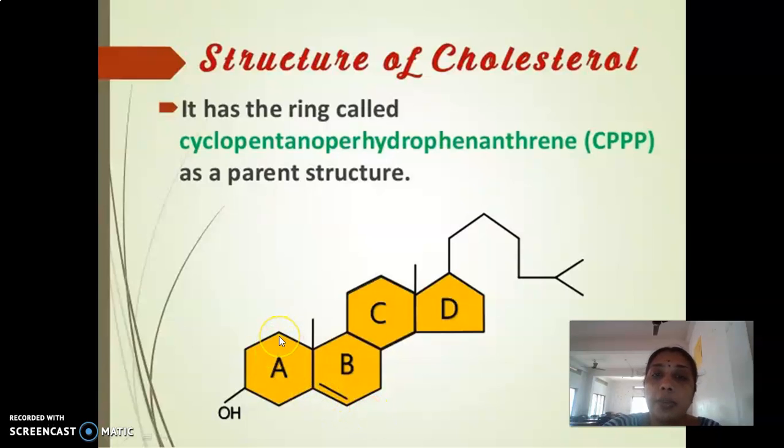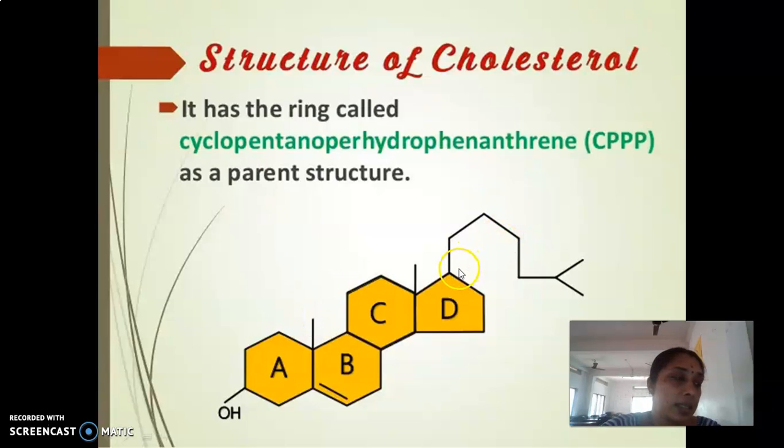See, the numbering starts from this position. So 1, 2, 3, 4, 5, 6. So there is a double bond between the fifth and the sixth carbon atom. There is an OH group on the third position. There are two methyl side chains on the 18th and the 19th position.